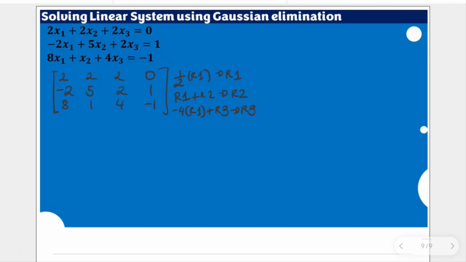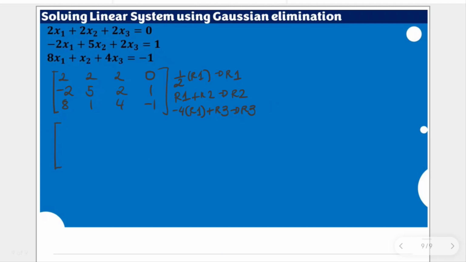Again, the row 1 here is not this result after multiplying all entries by 1/2, but the original row 1. But of course, for some of us who find this difficult to understand, we can start with this first, making this 1, 1, 1, 0, and then apply all of this. But just for the purpose of this, let me inject all of these operations at once.